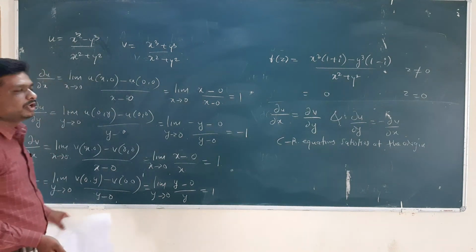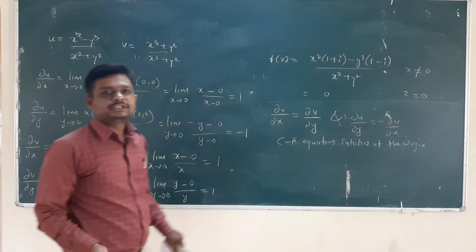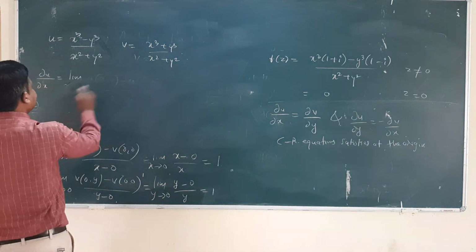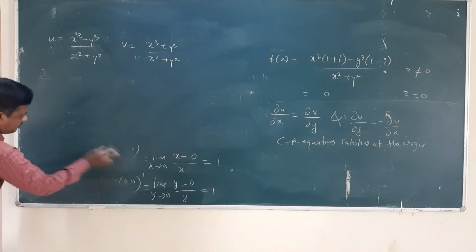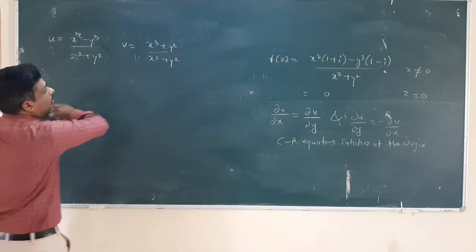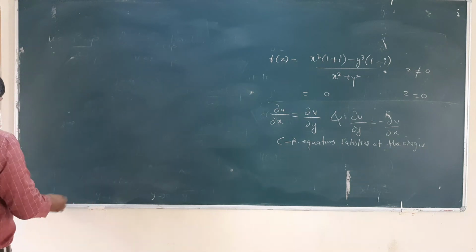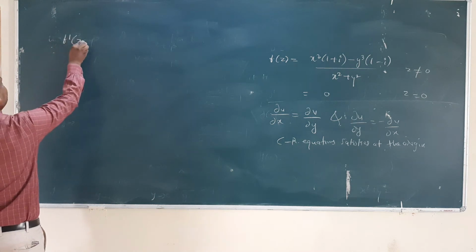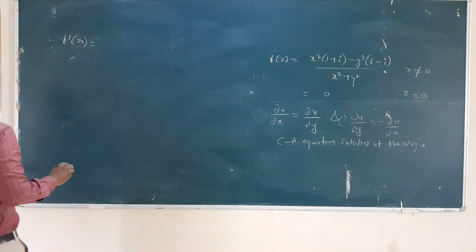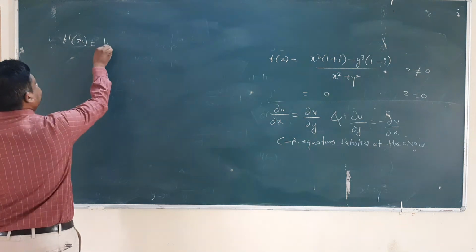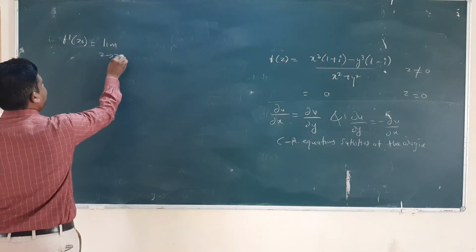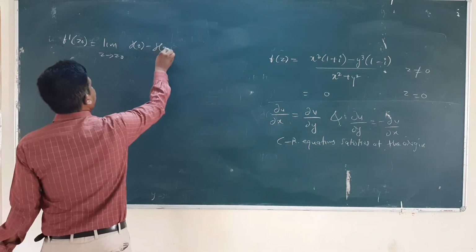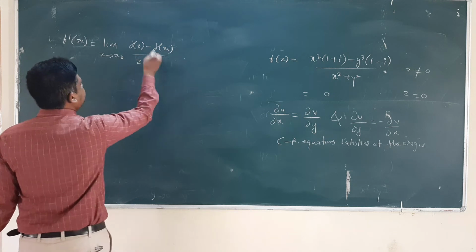So our next question is we have to show the function is not differentiable at the origin. So to prove that, f dash of z naught is equal to limit of z tends to z naught, f of z minus f of z naught upon z minus z naught.